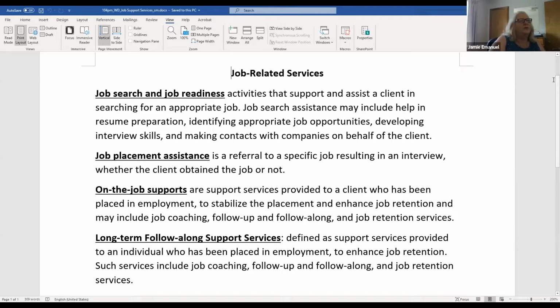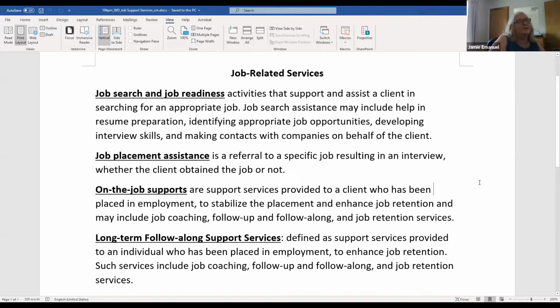So prior to employment, a lot of times we'll provide job search and job readiness. And this is an activity that supports and assists the client in searching for an appropriate job. It may include helping them prepare for the application process, a resume.